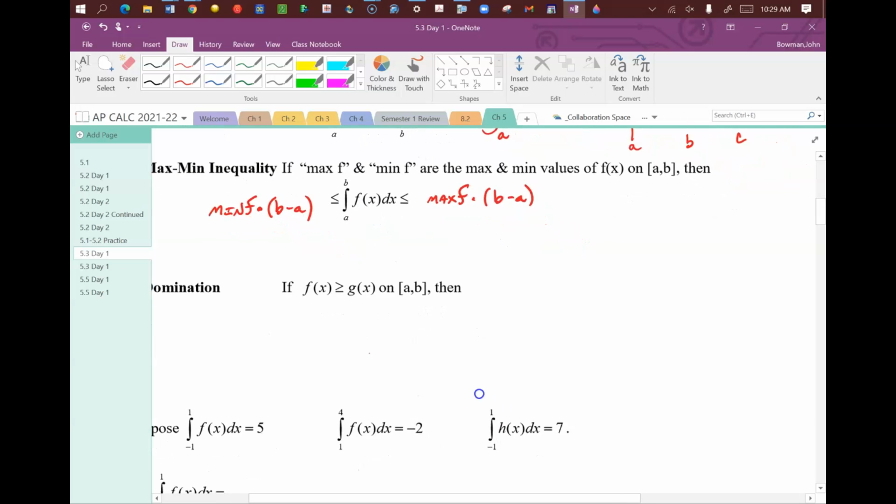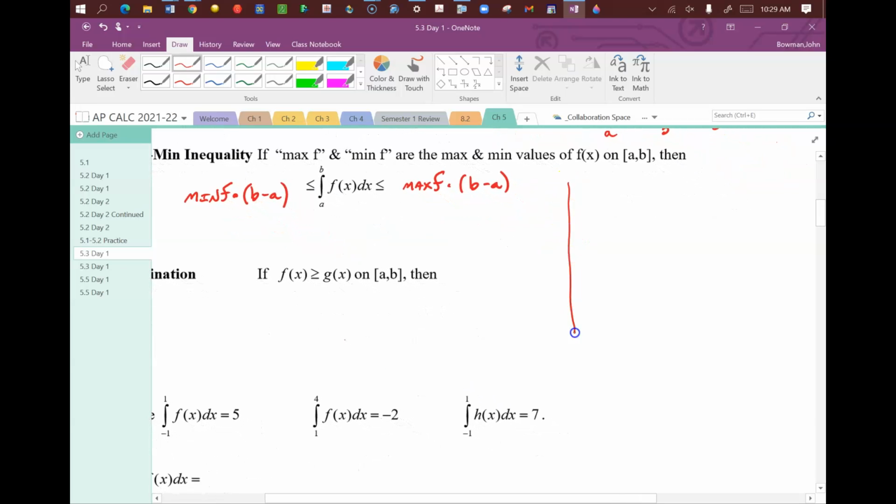And to illustrate that, I'm going to show you with a little picture over here. We have this function, and we'll make this max f here, and we'll make min f here, and we'll go from a to b. So let's say we've got something like this, okay? And so at a, in this case, we've got the minimum value, and at b, we've got the maximum value. We can have those occur at any place.